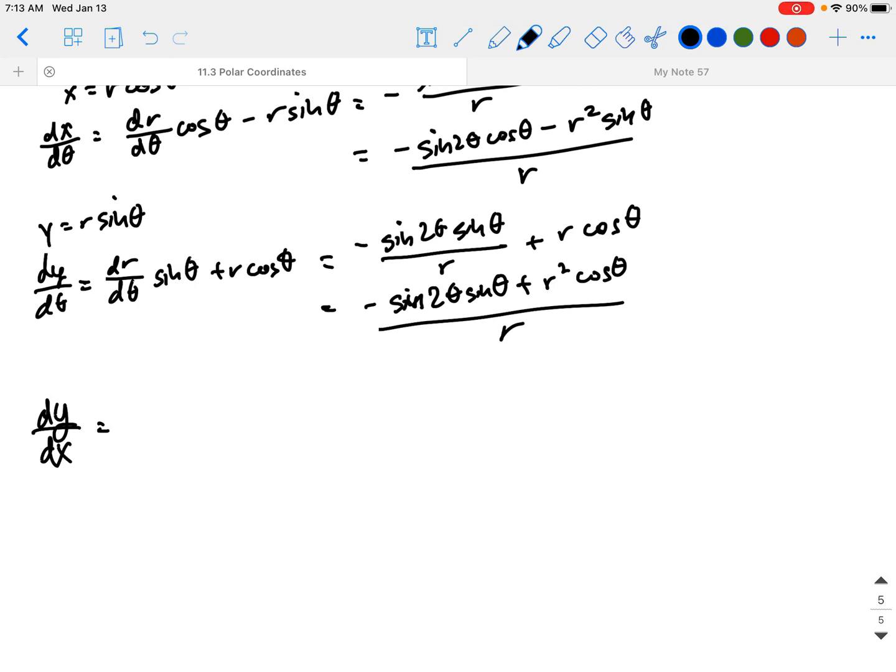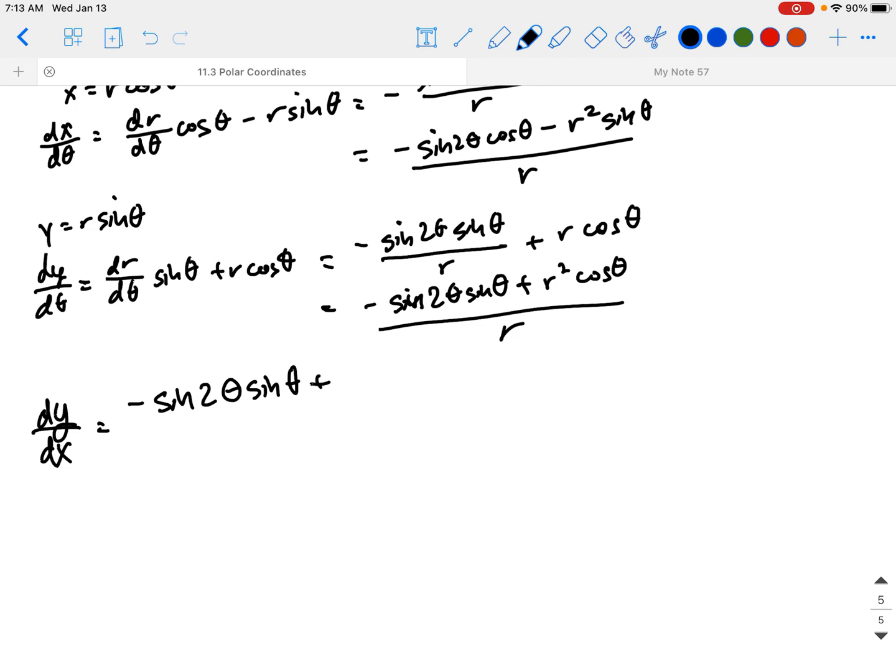So let's go ahead and write up at the top. So again, our r's are going to cancel when we take the ratio. So I'm just going to write the numerators in. And what I'm going to do for the first part is factor out a negative 1. We'll just write dy d theta.